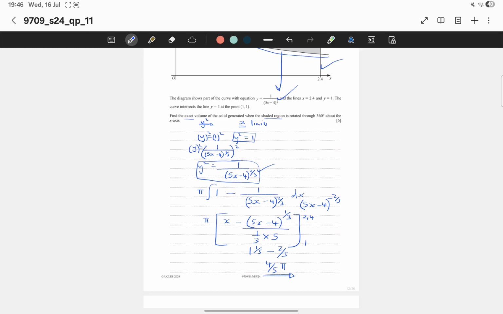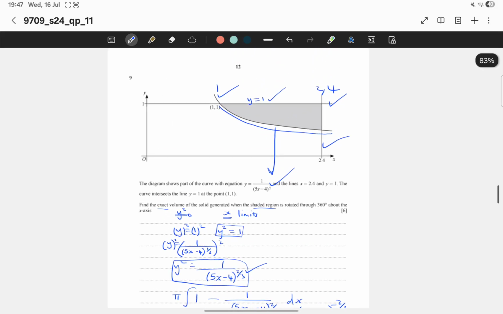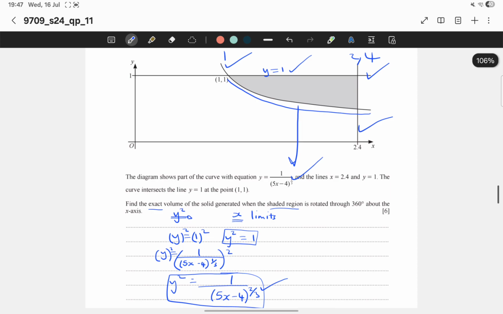Because they said it is rotated about the x-axis, we're using terms in y squared. If they say it's being rotated about the y-axis, we use terms in x squared. And because it's rotated about the x-axis, we use x values as limits. Usually we say the line or curve on top subtracting the one below.